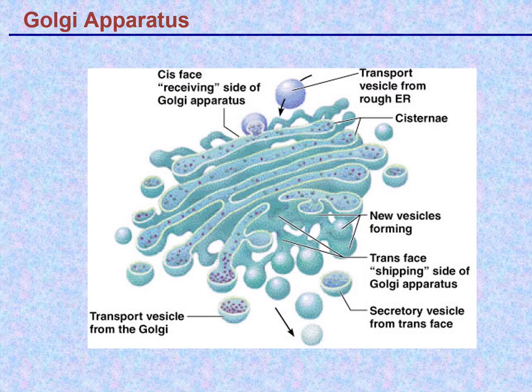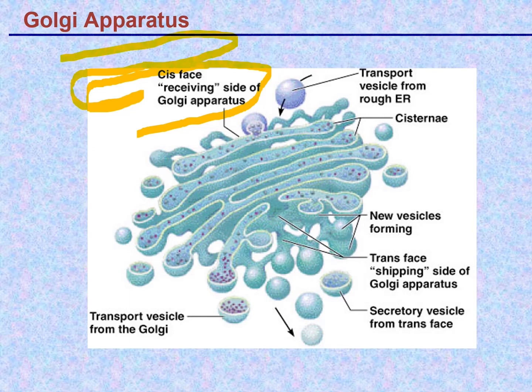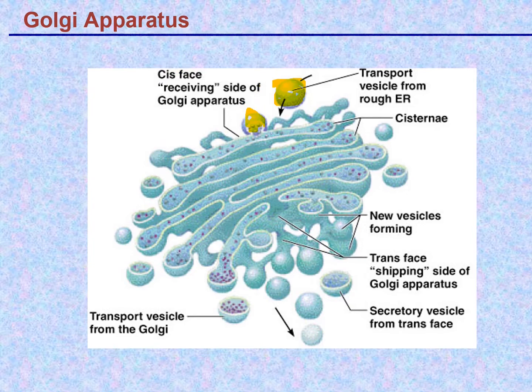Here you see a diagram showing the Golgi apparatus. The endoplasmic reticulum would be back here in this area. Here's a transport vesicle coming from the rough endoplasmic reticulum and fusing with the cis face of the Golgi apparatus, emptying its protein contents into the Golgi, where they undergo processing and modifications.